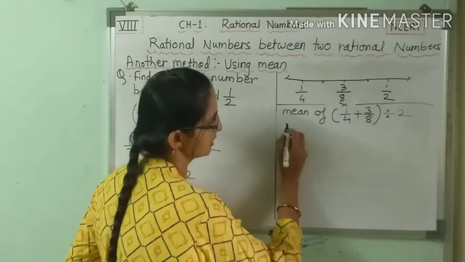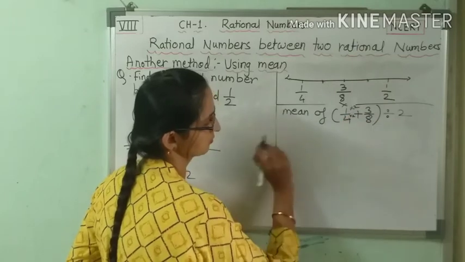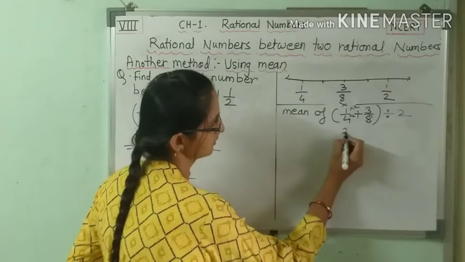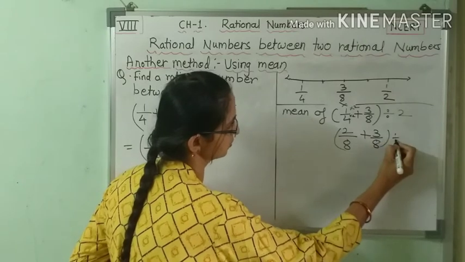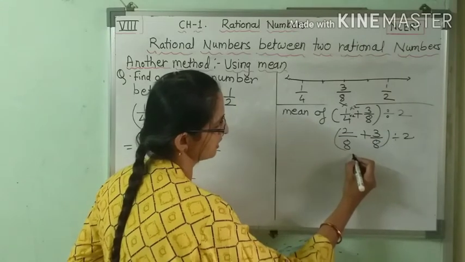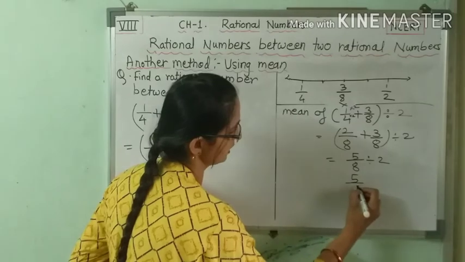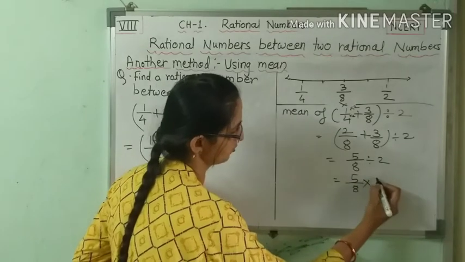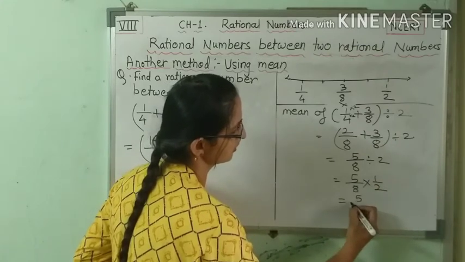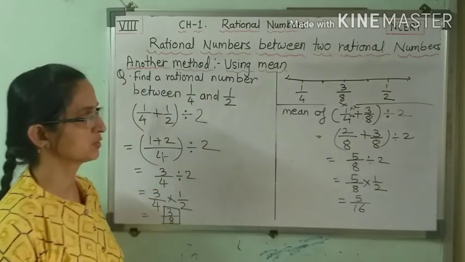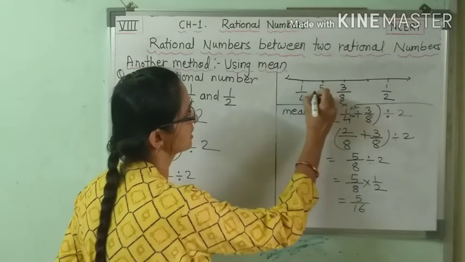The LCM is 8, so multiply 1 upon 4 by 2 to get 8 here. 2 upon 8 plus 3 upon 8 is 5 upon 8, divided by 2. 5 upon 8 multiplied by the reciprocal of 2, that is 1 upon 2, gives 5 upon 16. So the number between these two rational numbers is 5 upon 16.